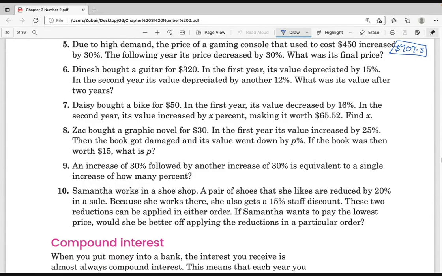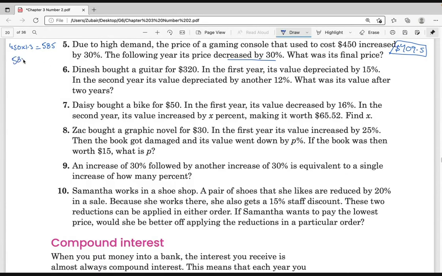Clearly, the price is 450 and it is increased by 30%. That makes it 450 into 1.3, 585. And then the following year, the price is decreased by 30% again.